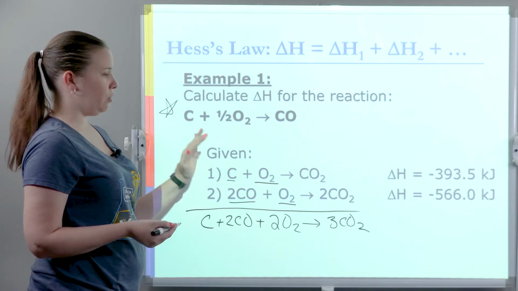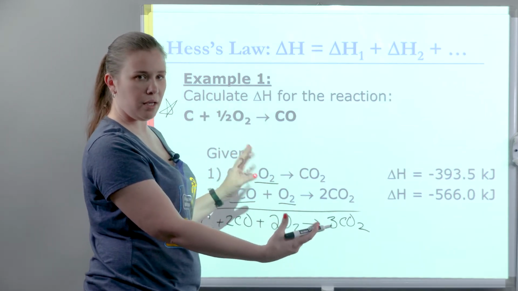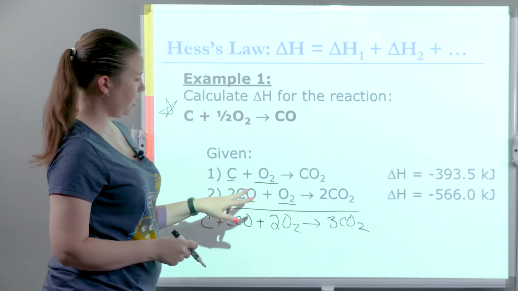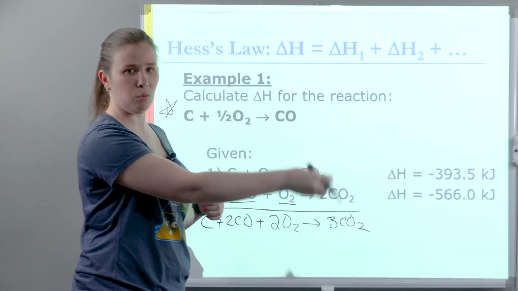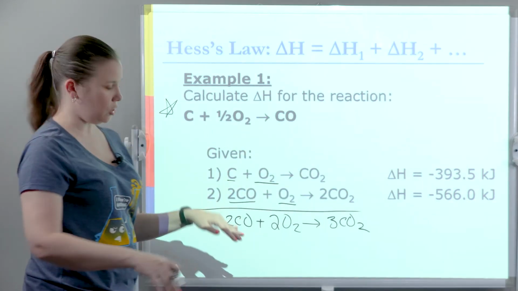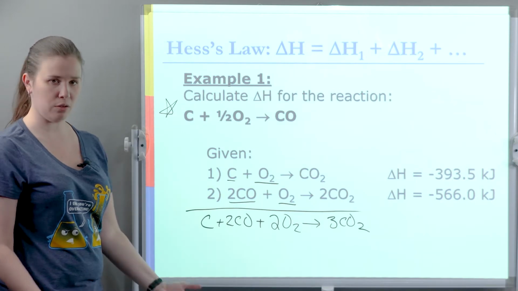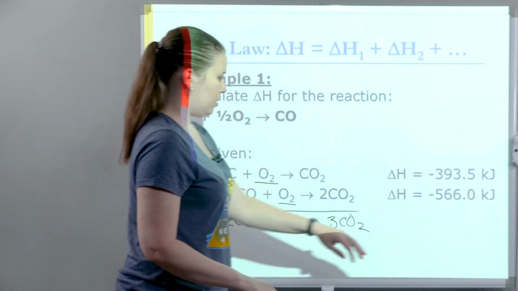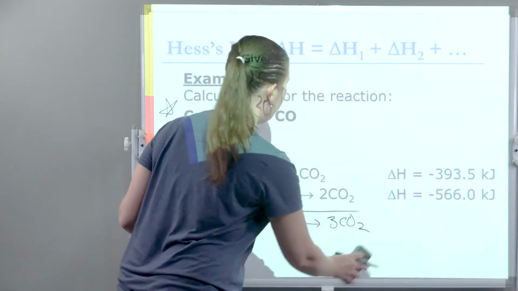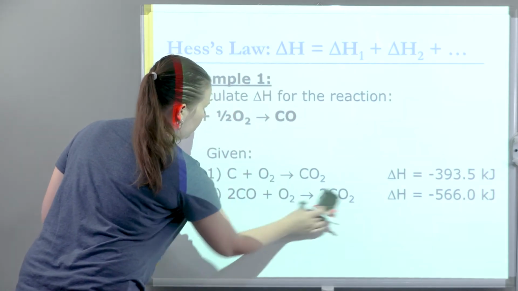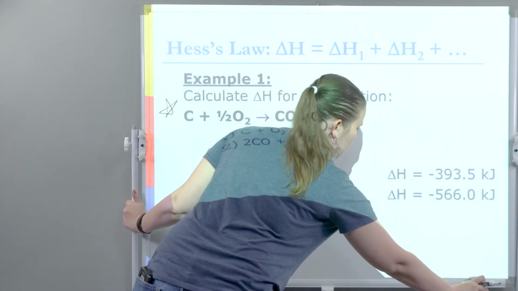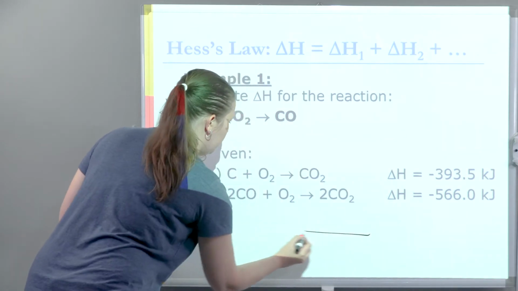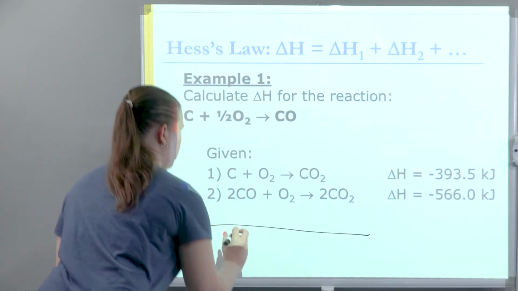If anything was on the reactant side and the product side, it would cancel. So say I had 1 mole of oxygen on the left and 1 mole of oxygen on the right, that would mean no oxygen would be in my final equation. So now that you get the hang of adding up, how in the world can we make it add up to what we want?